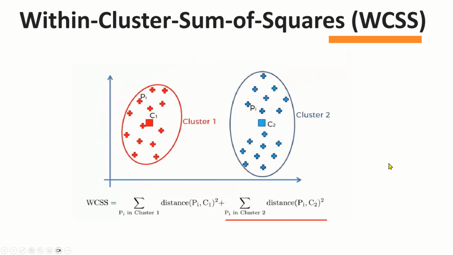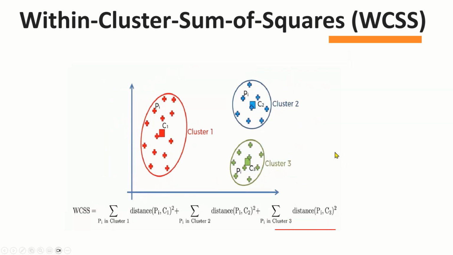But if you were to create another cluster, which is cluster 2, see, this C2 is not so far from the cluster, right? And we can refine it further, making cluster 3. So the distance between the clusters and the centroid is much nearer, much lesser, which is better, a lower value, right?